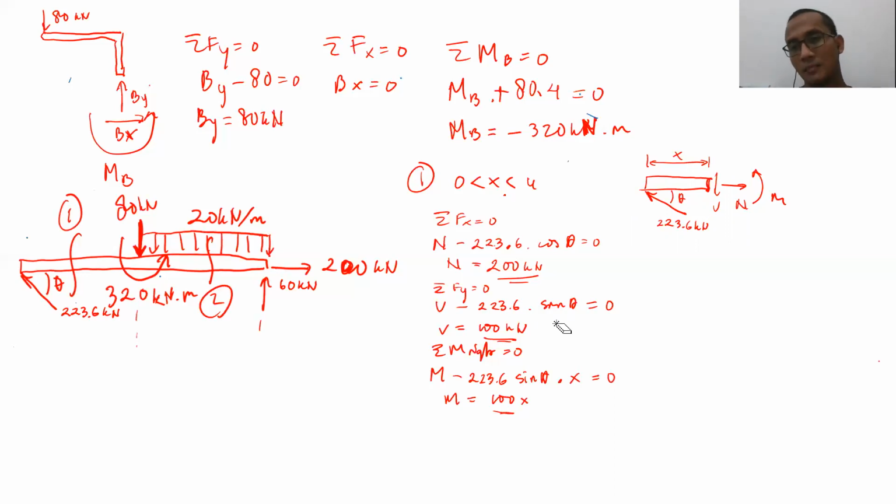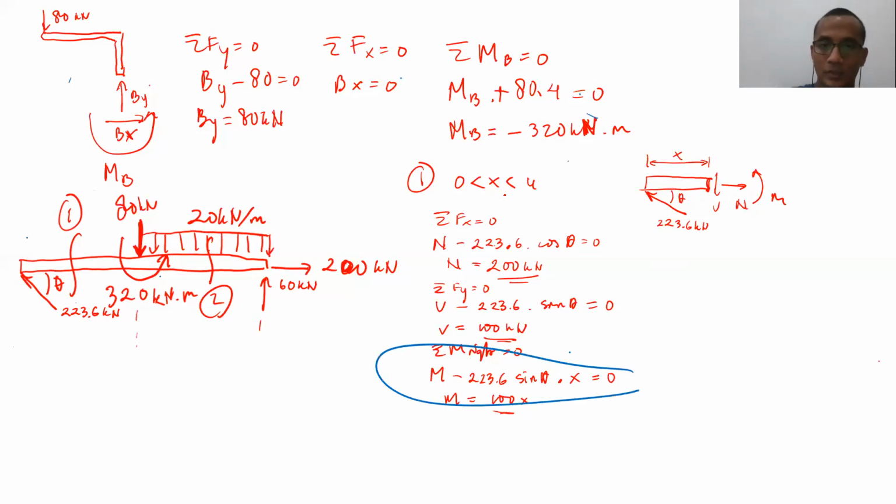Then sigma moment at the right side equal to 0. What I will get there is, counterclockwise positive, moment M minus 223.6 kilonewton sin theta, the vertical component of it, because this one will give us clockwise moment, multiplied by the moment arm x in this case, equal to 0.